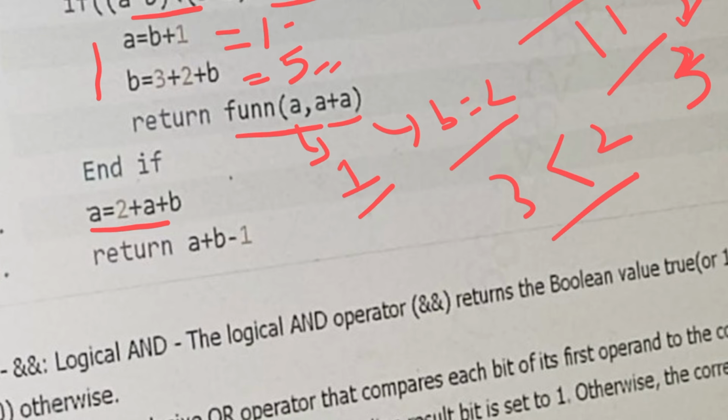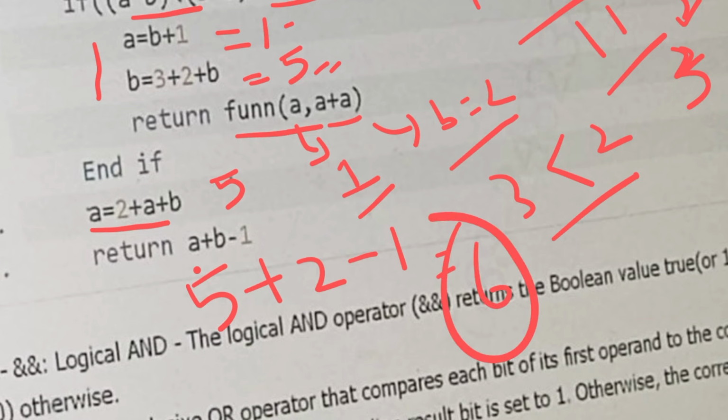So 3 plus 2 is 5. So the value of a is 5, b is 2, and minus 1. 5 plus 2 is 7, minus 1 is 6. So this is the correct answer.